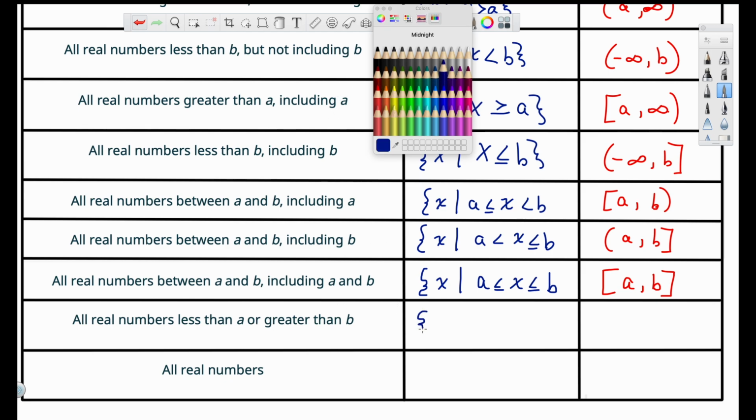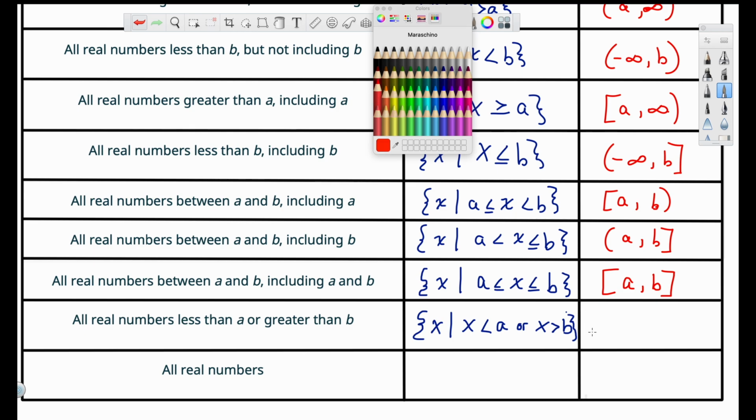Okay, so we have an or here. We have x is less than a, or, whoops, I gotta put an a in there, or x is greater than b. And I'm forgetting the rest of my curly brackets here on all these.